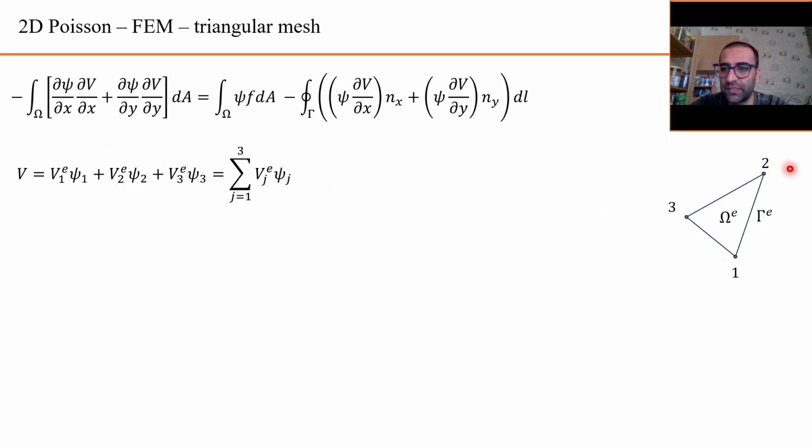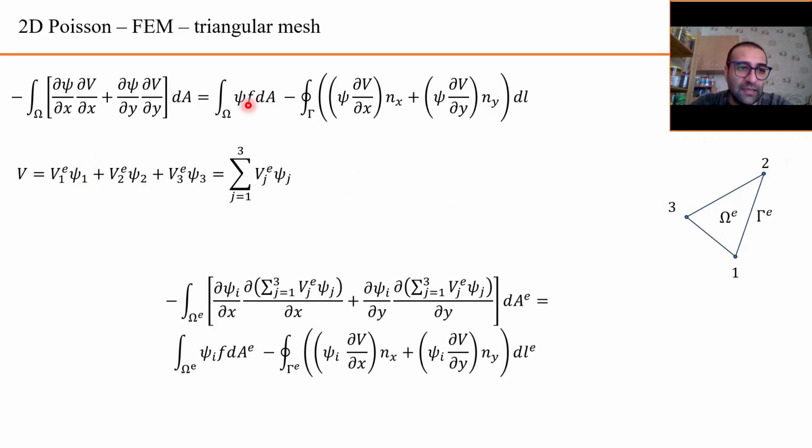When we define 3 shape functions, noticing that we have 3 nodes, we know that the numerical solution is an approximation of the analytical one, and this approximation is a linear combination of some coefficients at the nodes times the shape functions that we defined for each node.